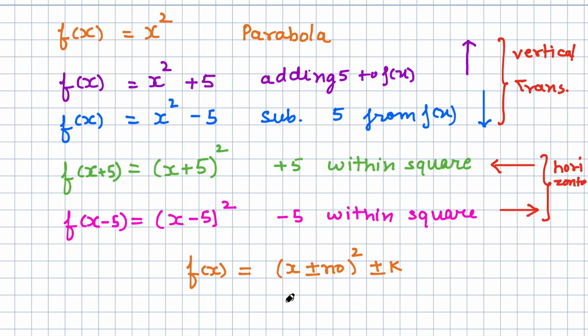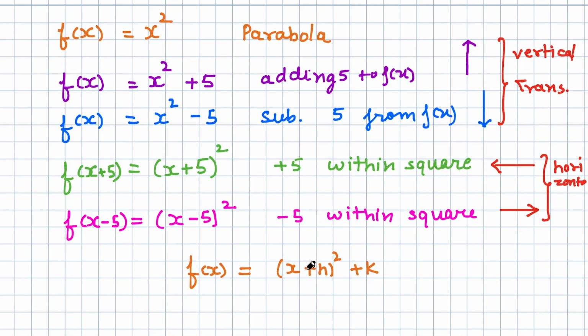So let's make it simple and not put plus minus signs. The formula is f of x equals x plus h whole squared plus k. We will give the plus minus sign according to this. So this is the formula.